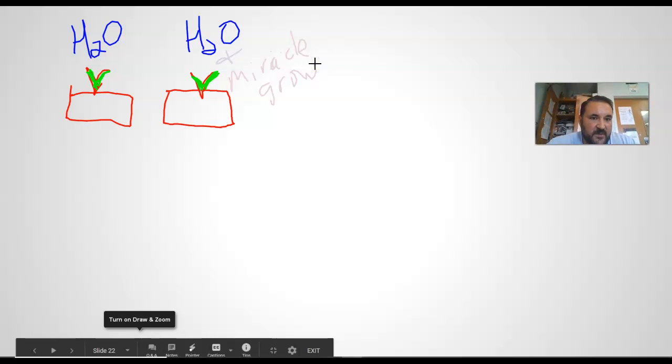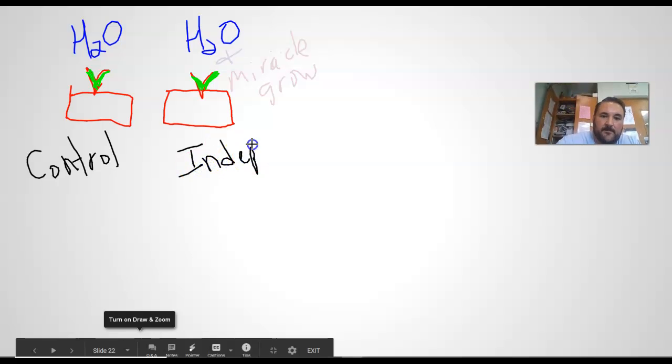So this type of experiment would be, does Miracle-Gro make my plants grow better? In this case, this watered plant is what we call the control, because plants naturally have just water. The plant that gets the Miracle-Gro is actually the specific independent variable.